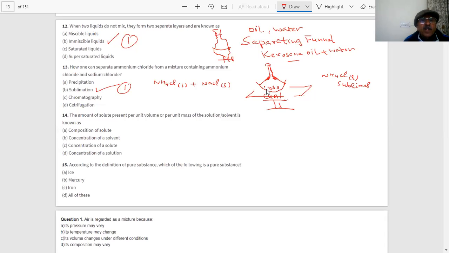Next question on the screen, students. The amount of solute present per unit volume or per unit mass of the solution is known as: composition of solute, concentration of the solvent, concentration of the solute, or concentration of the solution?